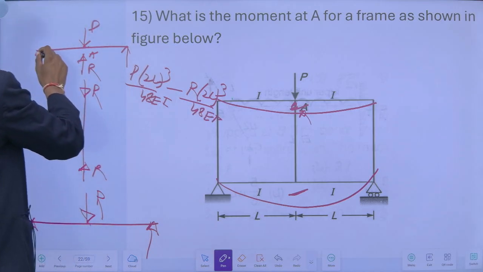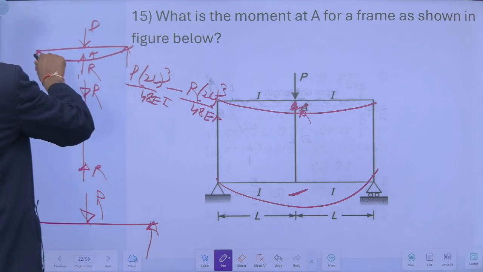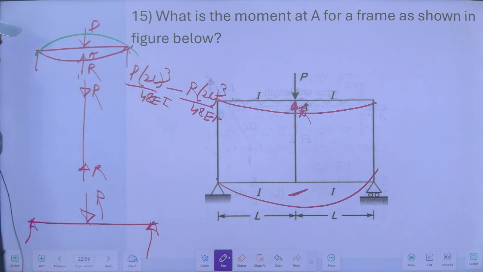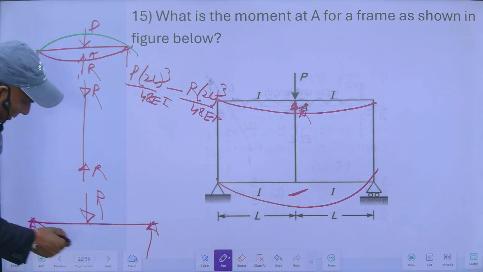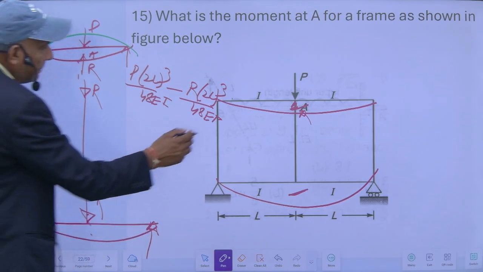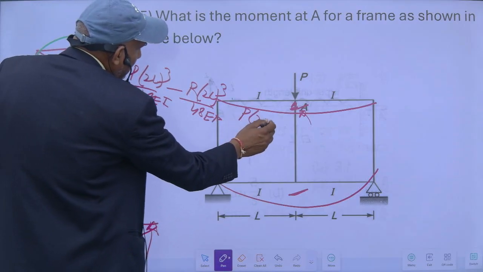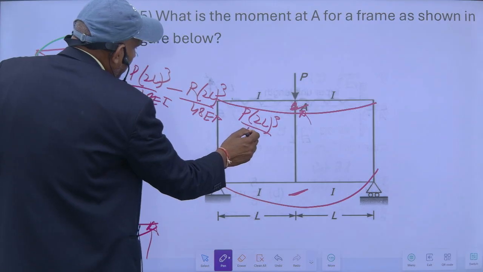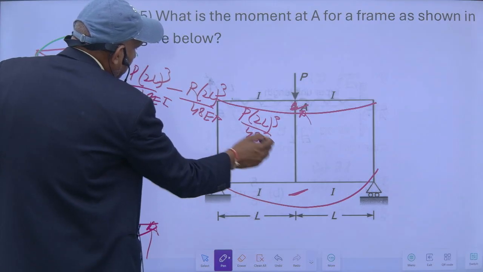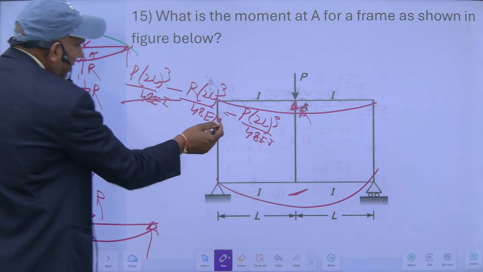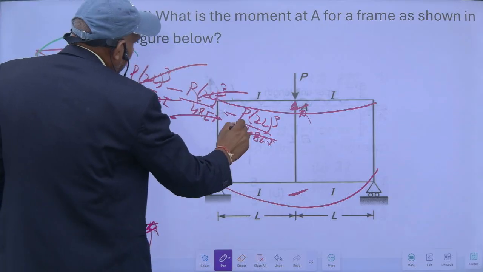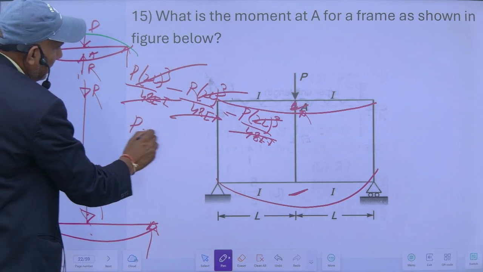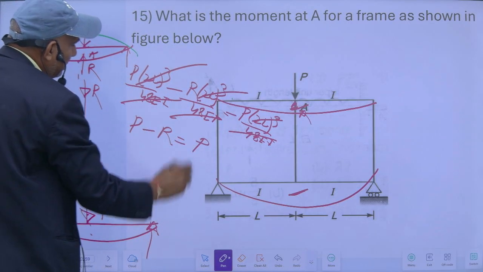Deflection because of this will be like this, and because of this direction it will be like this. So this minus this will be the net deflection, and this net deflection will be equal to this deflection, which is R into 2L cube upon 48 EI. So the 48 EI cancels, the L cube cancels. So this will be P minus R is equal to R.